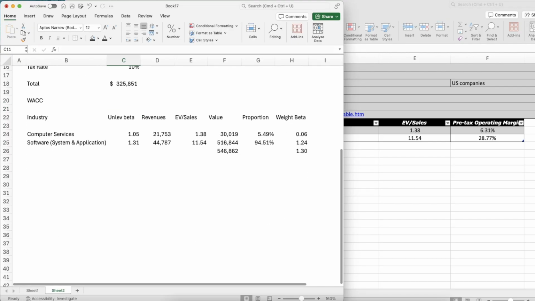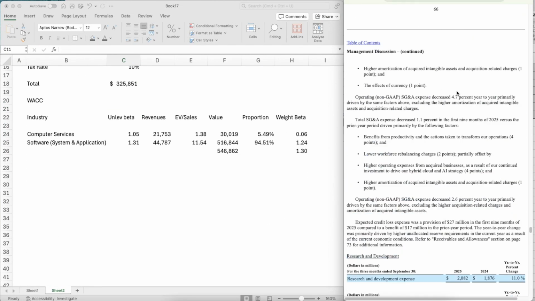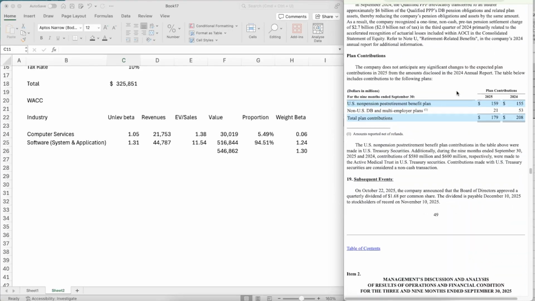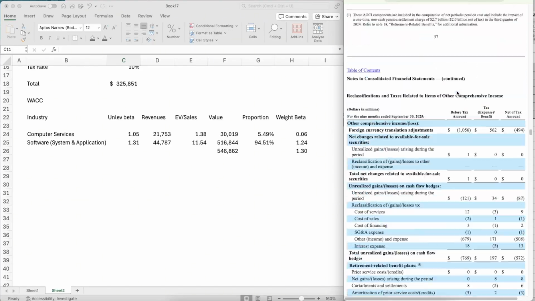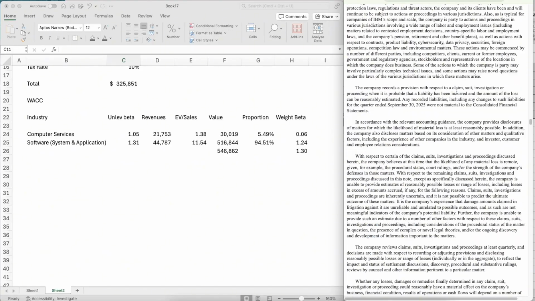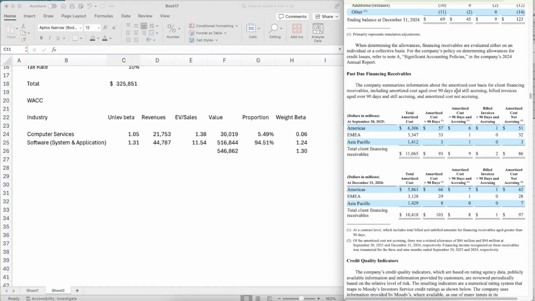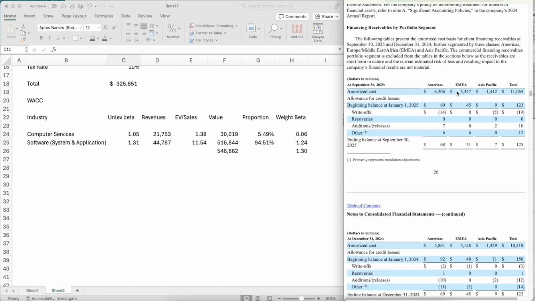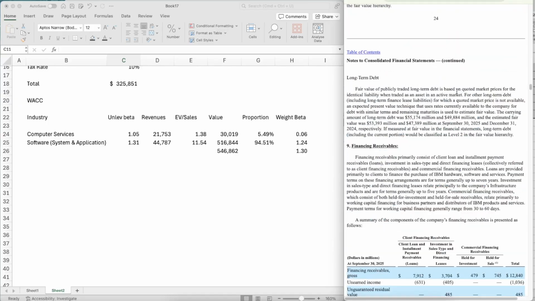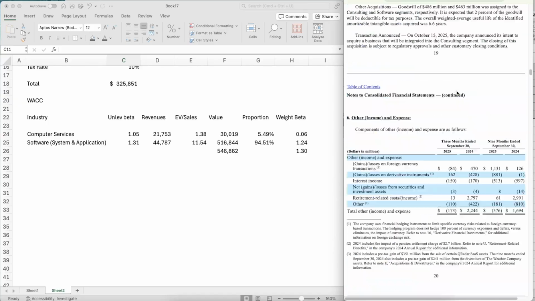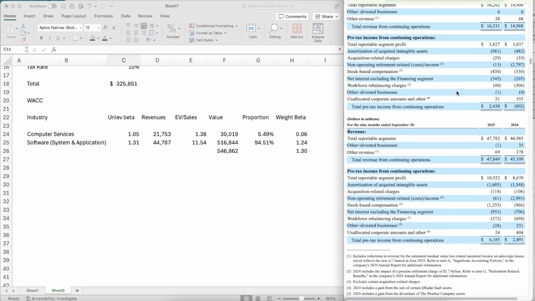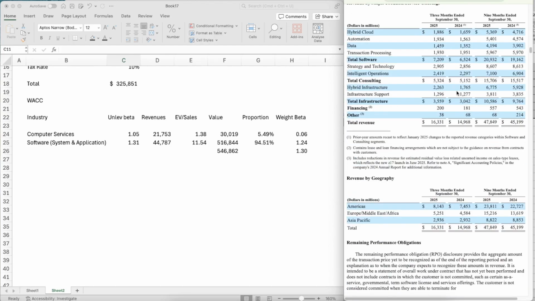The equity risk premium, come back to the 10Q. Go to our revenues. We want to go to the disaggregation of revenues. I don't think it was that one. It was actually close to the breakdown by segment. Here we are.